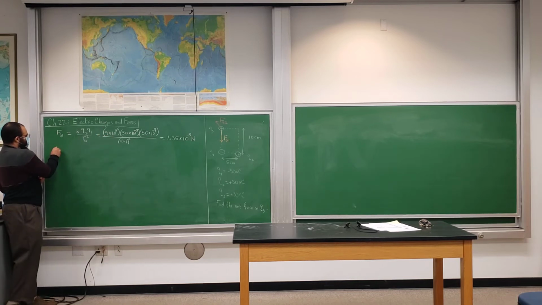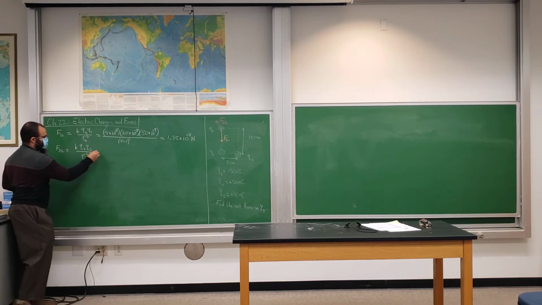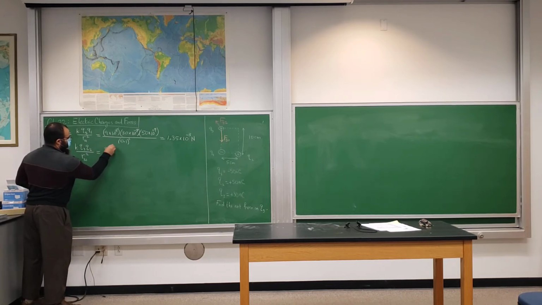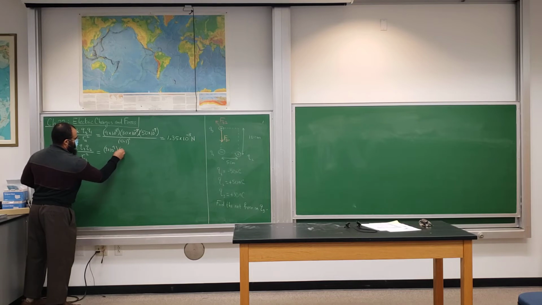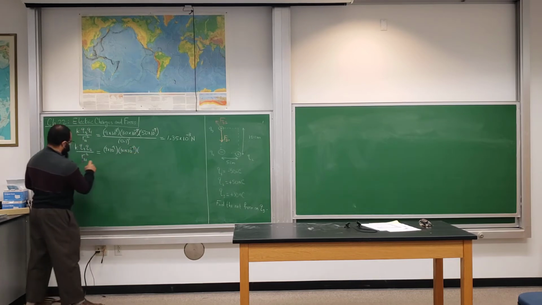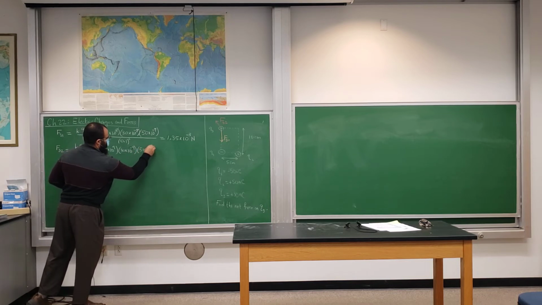Now let's do the force on 3 due to charge 2. Well, it would be K, charge 3 times charge 2, divided by the distance between charge 3 and charge 2 squared, equals K, as usual, 9 times 10 to the 9. Charge 3 is 30 times 10 to the minus 9, and charge 2 is 50 times 10 to the minus 9, divided by the distance between them squared.